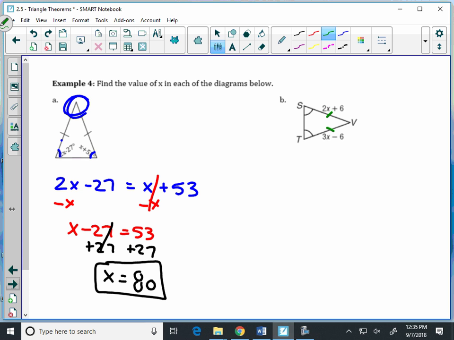So if all else fails, you're dealing with segments, you're dealing with sides, and you have no idea how to solve the problem, that's okay. Sometimes that does happen. Just set them equal to each other. Is that only with triangles? Any line. So if you have a rectangle or something like that, and all else fails, set them equal to each other.